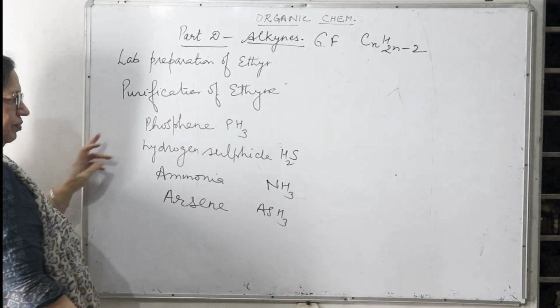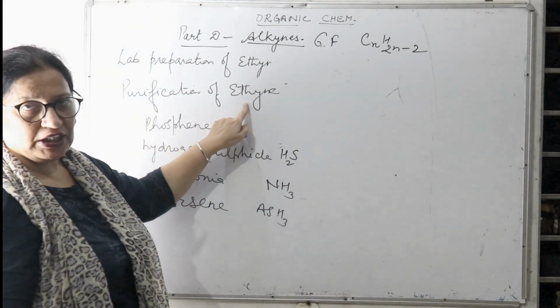So these 4 impurities are also formed along with ethyne.